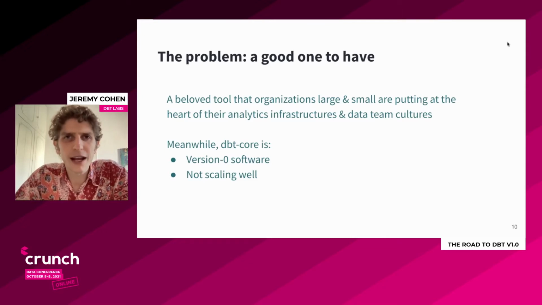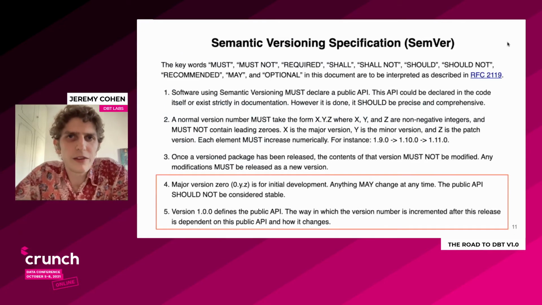Version 0 software, again, if this isn't something that's super meaningful to you, this is semantic versioning. This is how just about all software out in the world is versioned nowadays. And major version 0 has a pretty special meaning. It's initial development. Anything may change at any time.